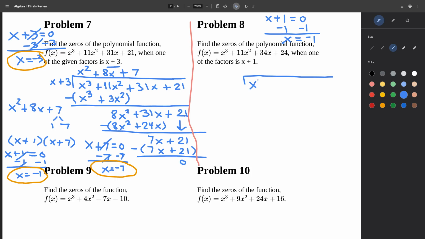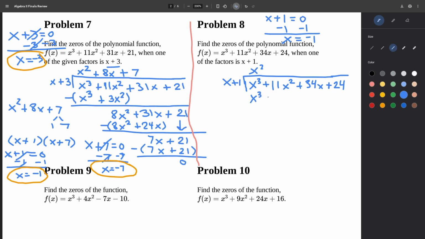We've got x cubed plus 11x squared plus 34x plus 24. We'll divide by x plus 1. So to get x cubed, we'd have to multiply x by x squared. X squared times x is x cubed.